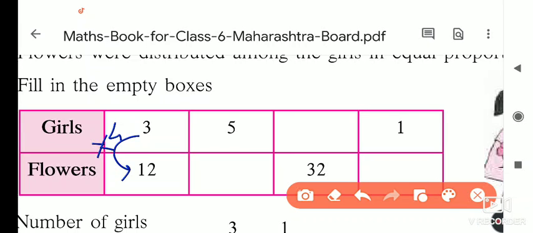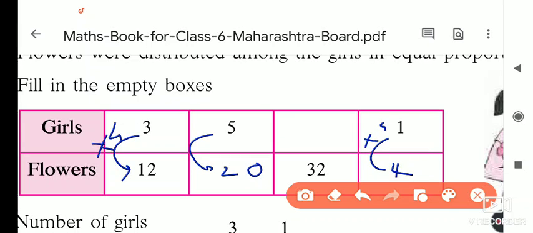Next, the same proportion is given. If 5 girls are there, how many flowers are needed to distribute? 3 fours are 12, in the same way 5 fours are 20, and 1 four is 4.